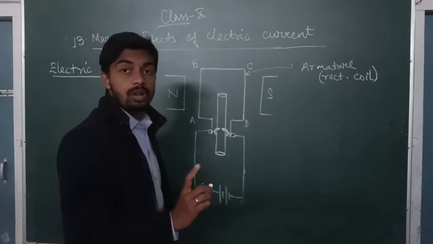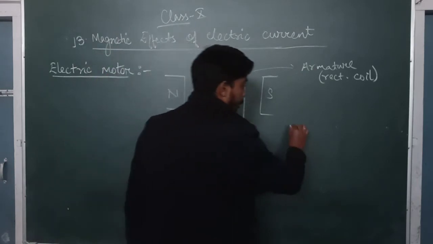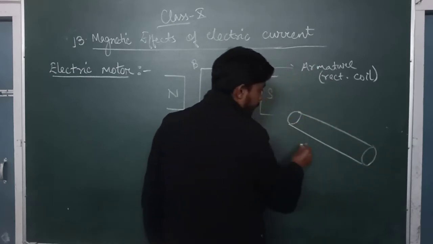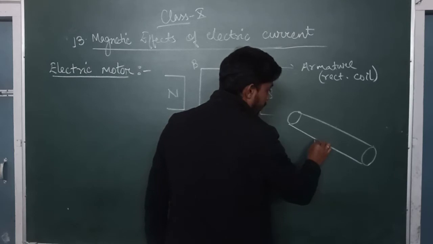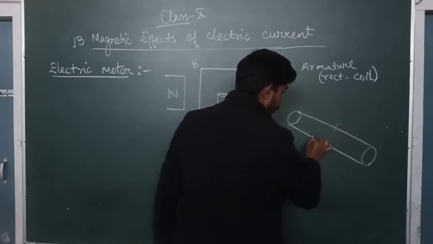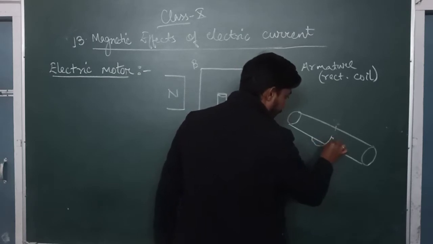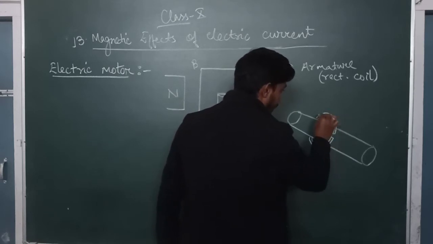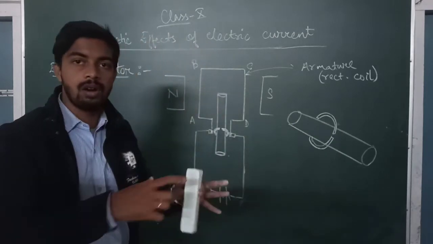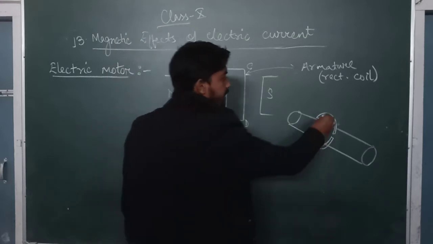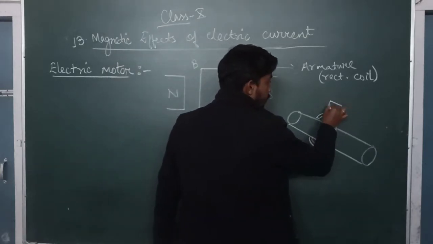Now first let us look at how these split rings are connected. For example, this is the rod. The split rings are around the rod. One split ring is here and the other one is holding the axle like this. This is just the axle, and over these split rings there are two brushes.